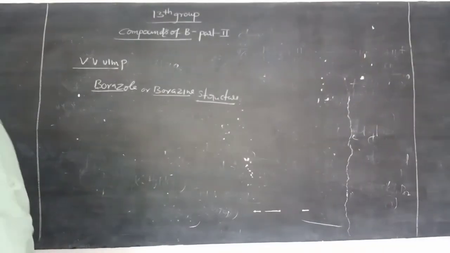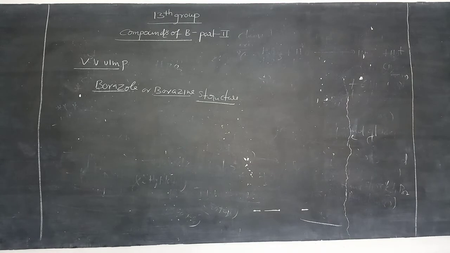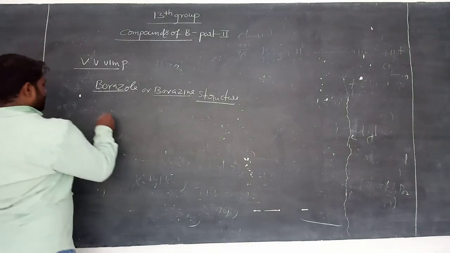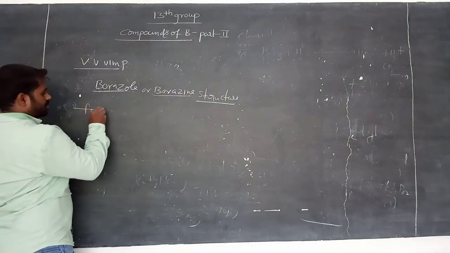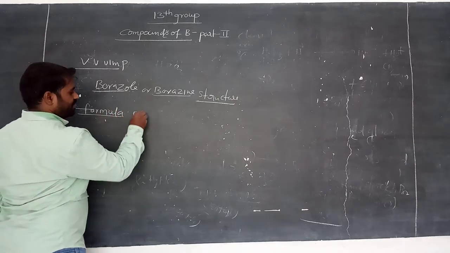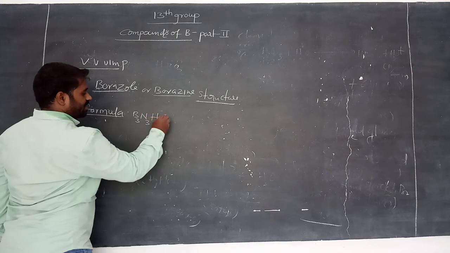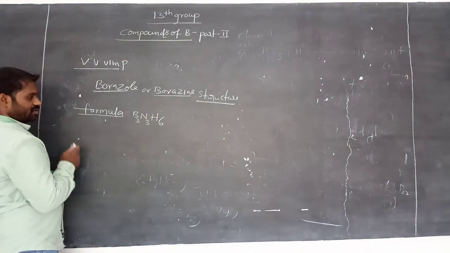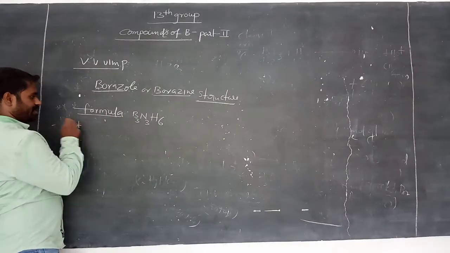Okay, write that. Let's see. Formula for borazole: B3N3H6. Borazine or borazole. Okay.